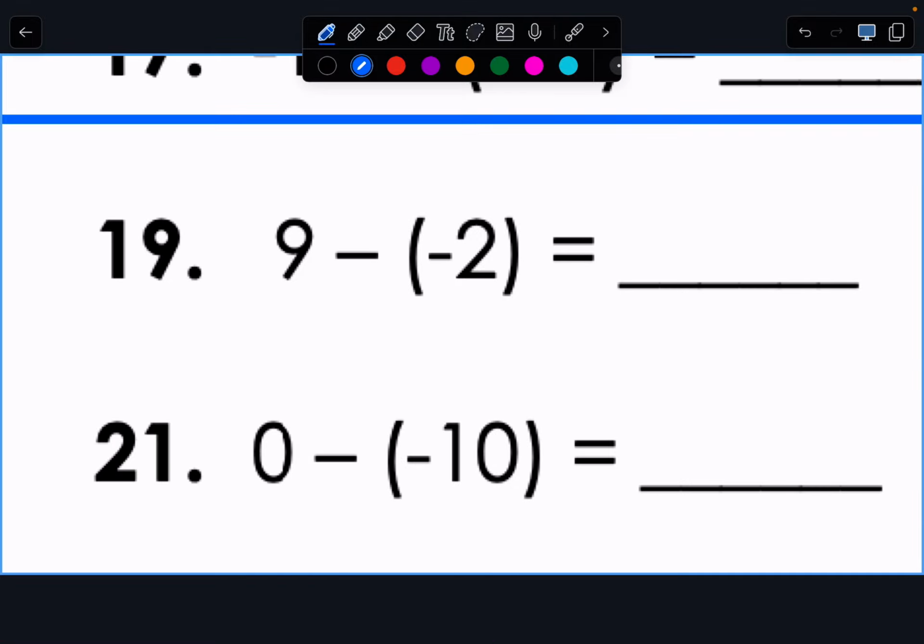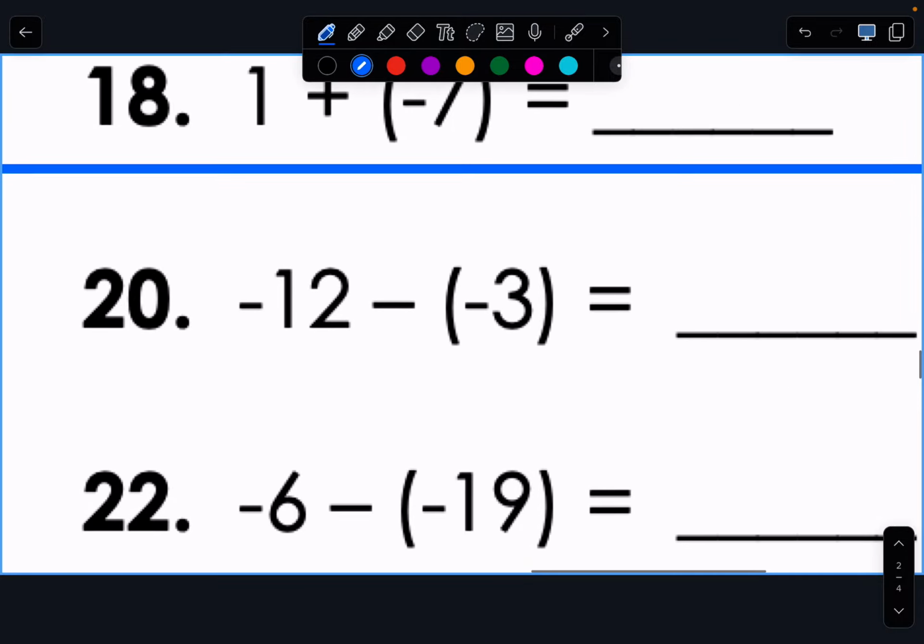Subtraction means add the opposite. Well, everybody look at the board right now. Everybody look at the board. Not me. Look at the board. We're going to add the opposite. So I'm going to change the subtraction to addition, and then I need to make my second number opposite. We are adding the opposite. So our answer is 11, because it's 9 plus 2. If it's subtraction, we change it to add the opposite.